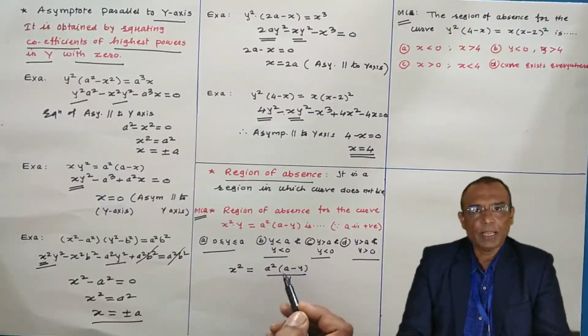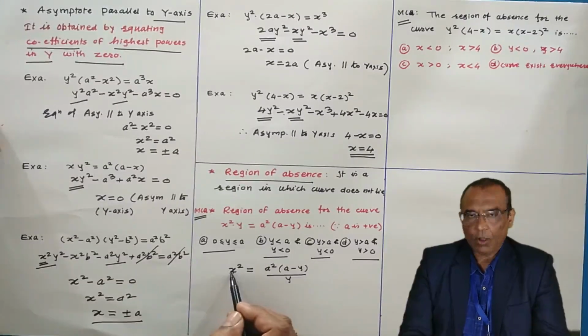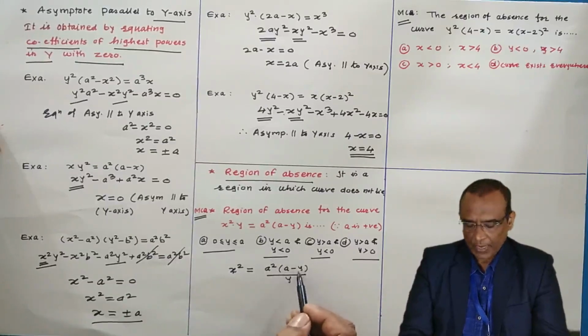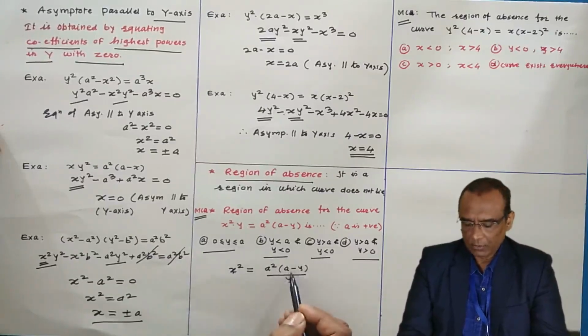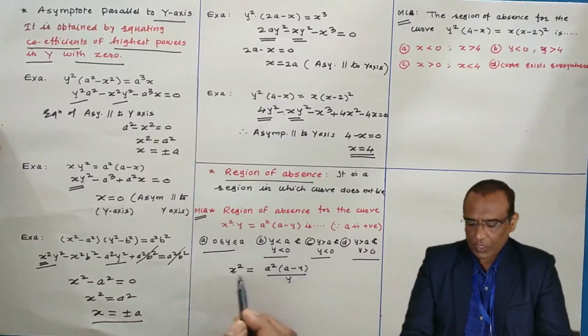But that should be an explicit expression, means x square on the left hand side and all y terms on the right hand side. On the right hand side we don't want x. x square we explicitly express in terms of y.